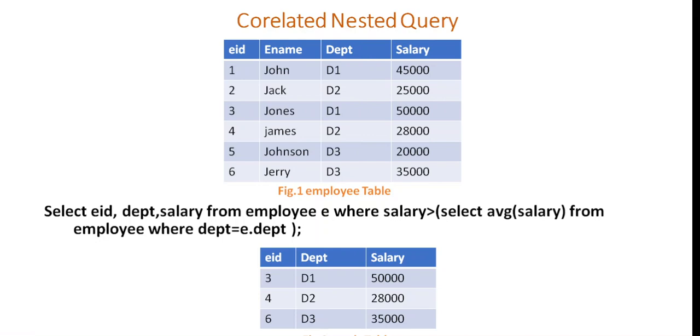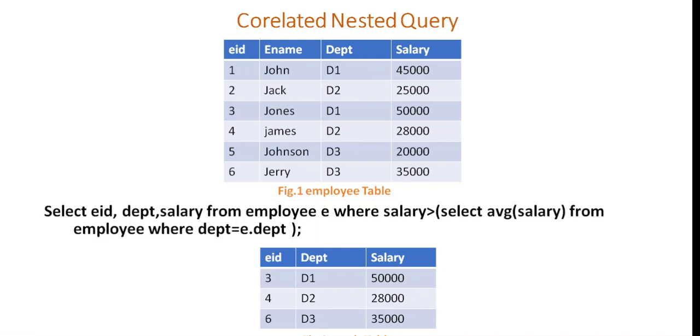In the D2 department two employees are working, employee ID 2 and employee ID 4. But when you take the average of their salaries, that is 25,000 and 28,000, employee ID 4 has a greater salary than that average. That's why employee ID 4 is here, because we have given the condition salary greater than average salary of department.